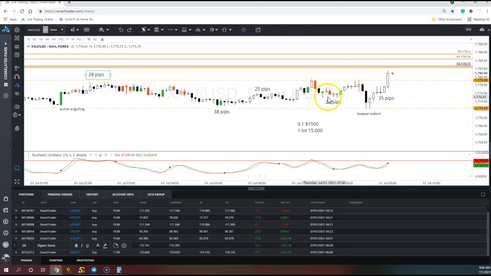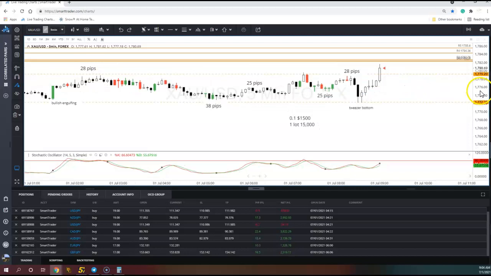And notice that I did exit that trade, gave us a bullish morning star pattern, and we rode this one all the way up here and made 35 pips. And no, I'm sorry, this was 28 pips on this one, 35 pips on the other one, on this one here.